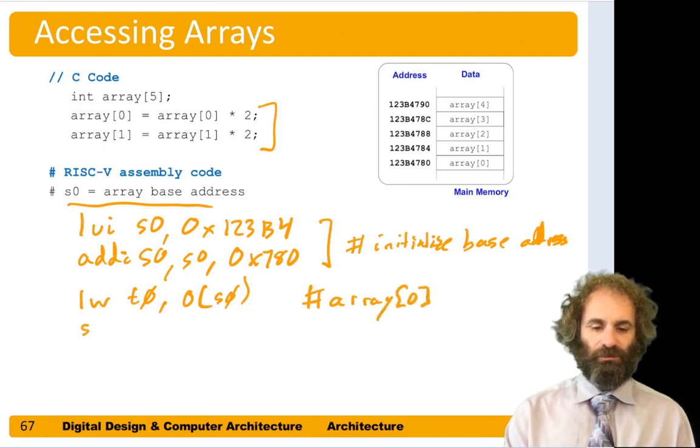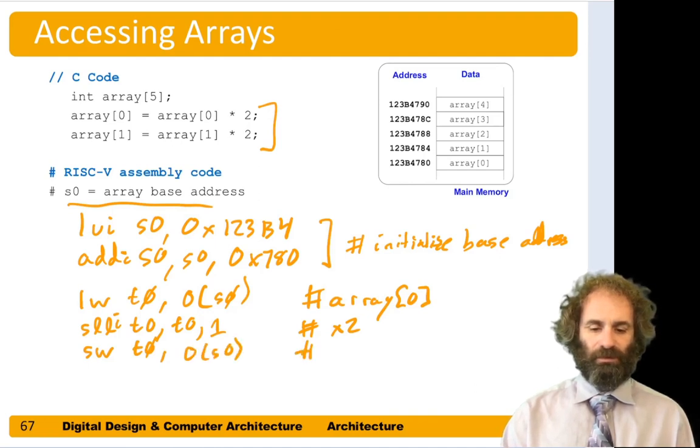Then we could shift left logical immediate, T0 gets T0 shifted left by 1 to double it, and store back into the array.